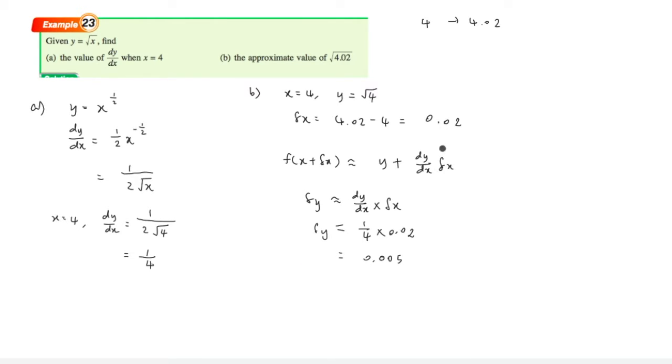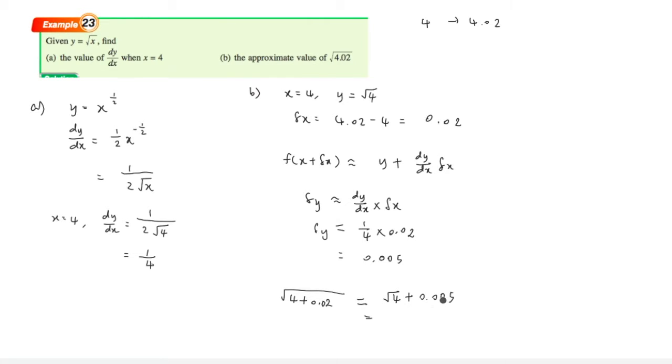Okay, here. So now your final answer, this x plus delta x: 4 plus 0.02, this is x, this is delta x, equals y plus delta y, and y is square root of 4. Square root of 4 is 2.